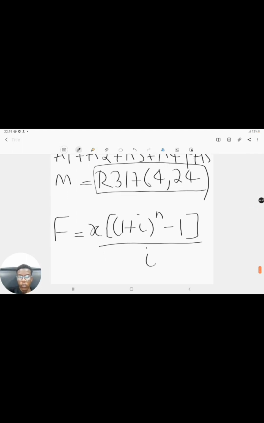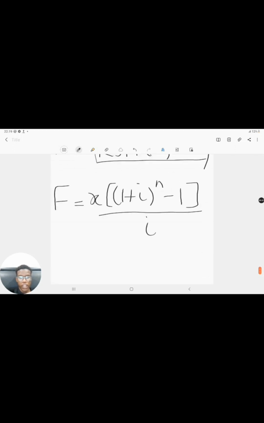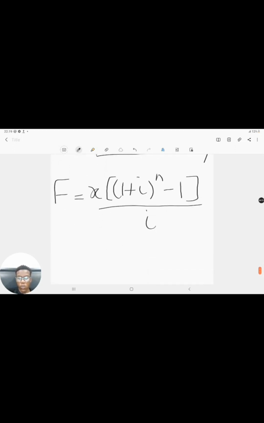So you would have to take that maintenance value into account. So you're going to have to take all of this and say minus maintenance, or minus M, because I actually called it M. Okay.